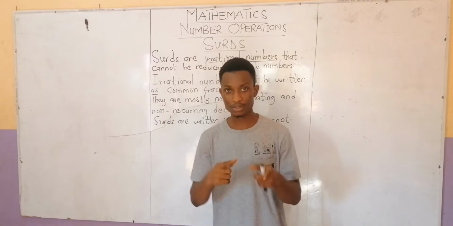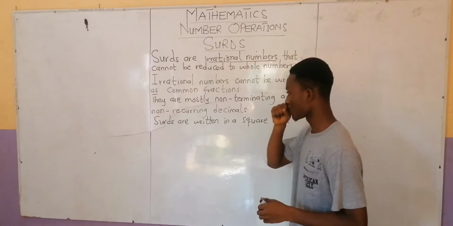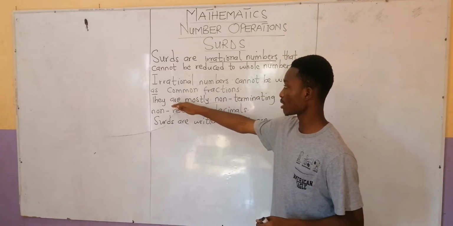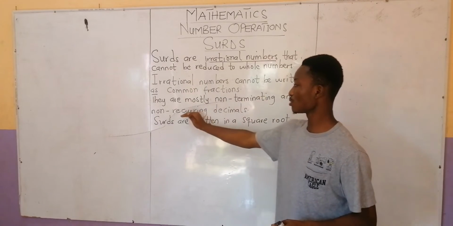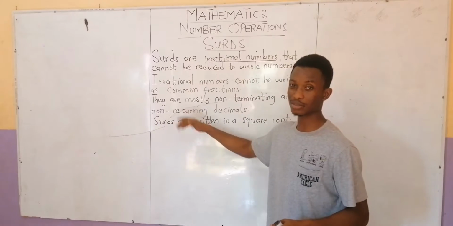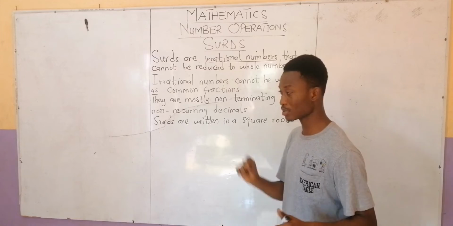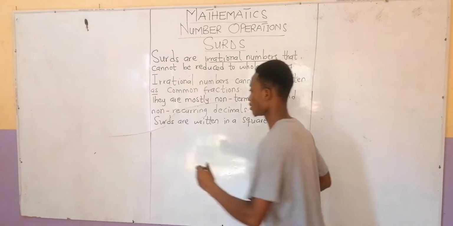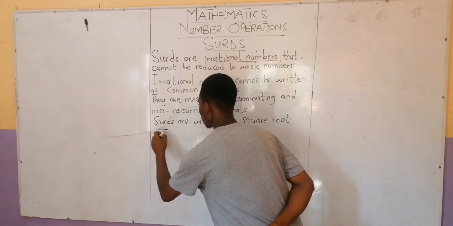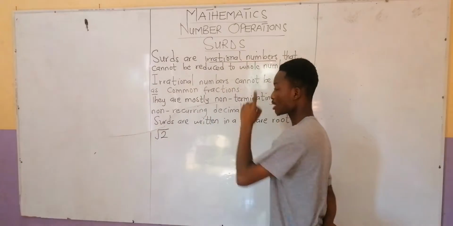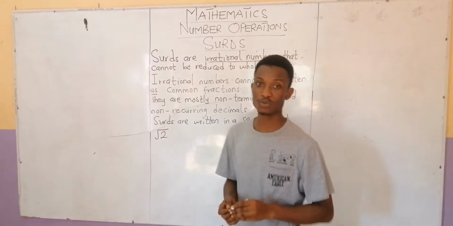Let's take a closer look at some examples. So we said basically the irrational numbers are mostly non-terminating and non-recurring decimals. Let's look at a number of them. So I'm going to write some numbers here. If I have the square root of 2, I ask you to find the value of the square root of 2.